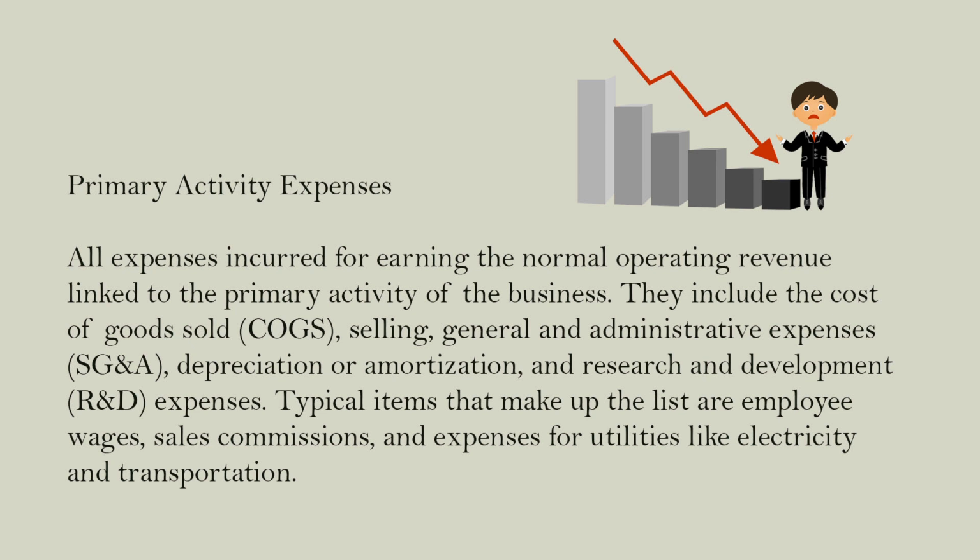All expenses incurred to generate normal operating income related to the core business of an enterprise. They include cost of goods sold, selling, general and administrative expenses, depreciation or amortization, and research and development expenses. Typical items on this list are employee salaries, sales commissions, and utility costs such as electricity and transportation.